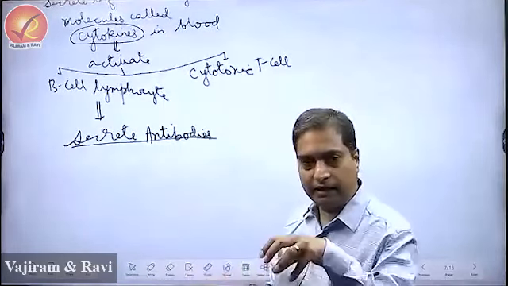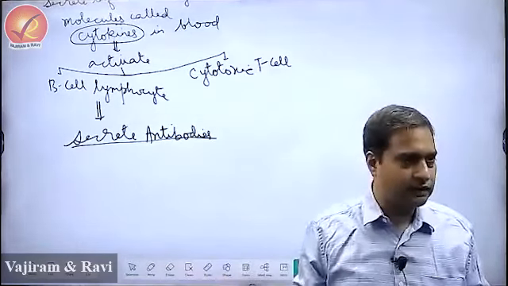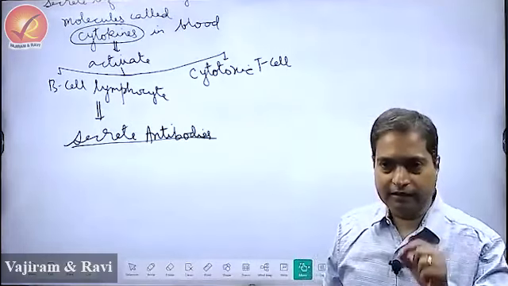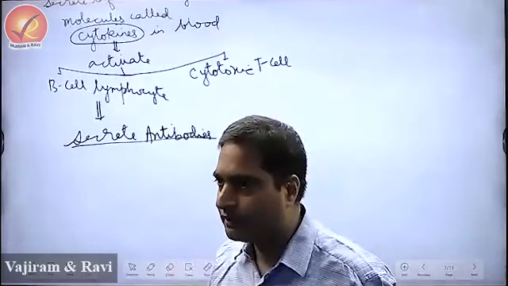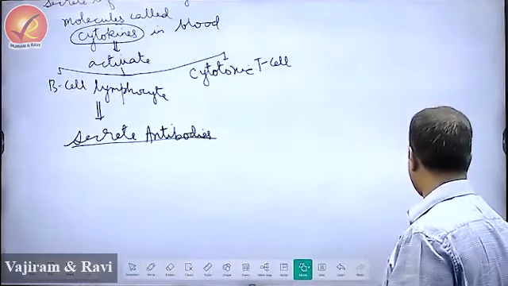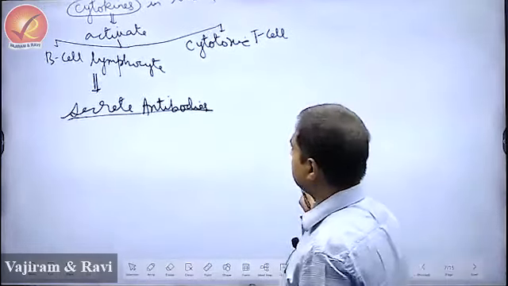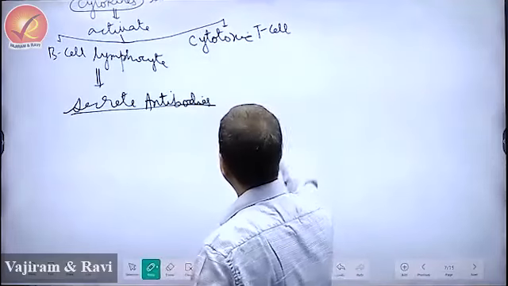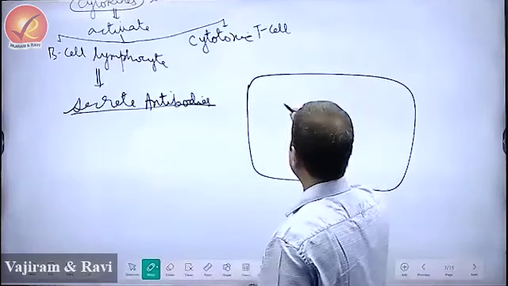Suppose the virus has entered the cell, then antibodies cannot protect us, isn't it? Till the time the virus is outside the cell, antibodies can block the attachment, isn't it? Now we are saying that the virus may have entered the cell.